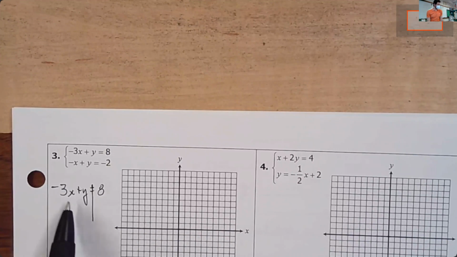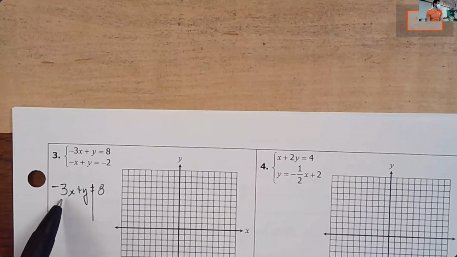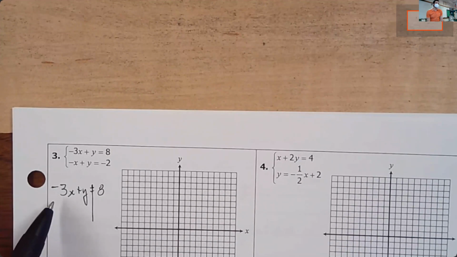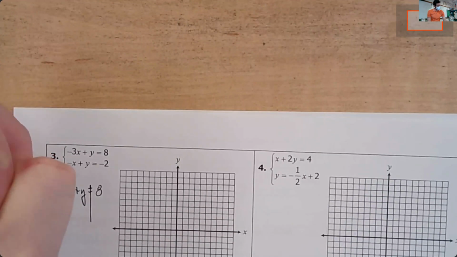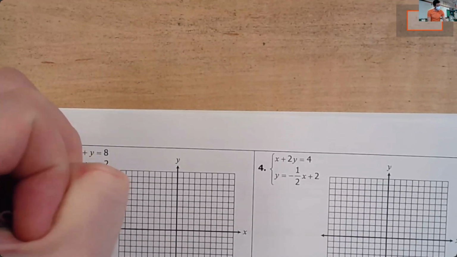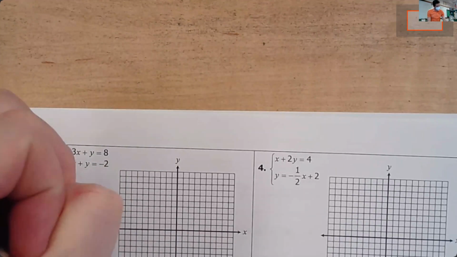Yeah, like move this, get rid of the negative 3x. And so to get rid of a negative 3x, what's the opposite of a negative 3x? Yeah, so add 3x to both sides. Good. So plus 3x here, plus 3x over here, which will give us y equals 3x plus 8.